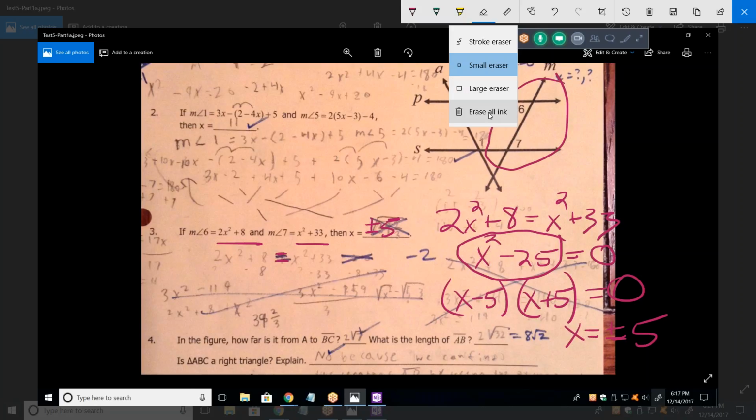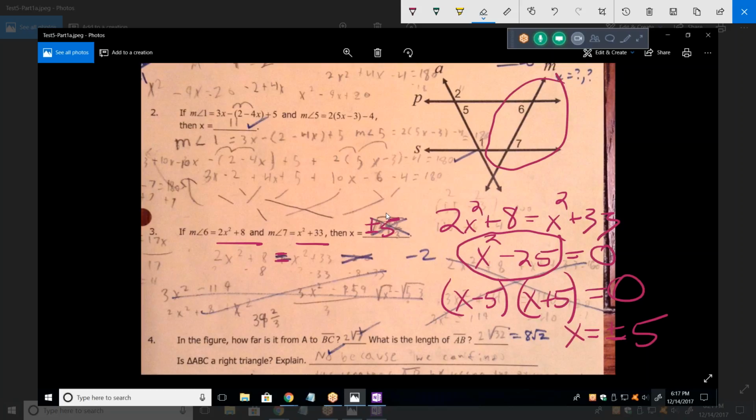So again, minus 5 is an allowable solution. Let's talk about that for a second. Could angle 5 be a negative number? I don't think so. No, it cannot be. All these angles have to be positive numbers. But it's not asking about an angle.